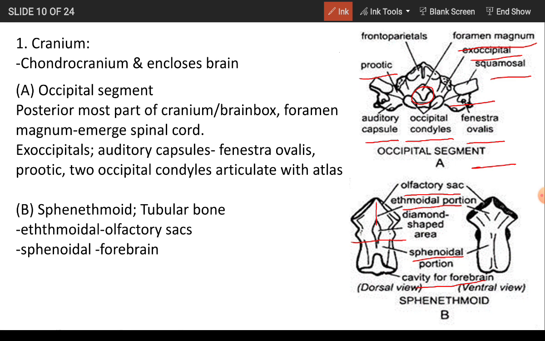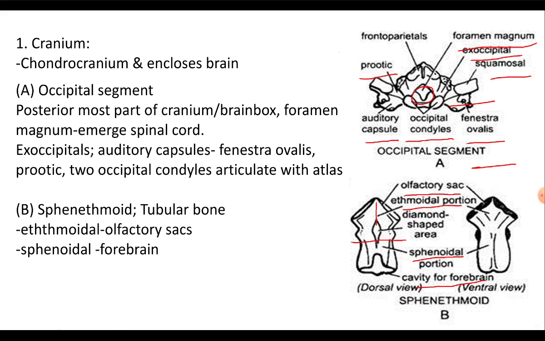The ethmoid bone is anteriorly, that means dorsally, overlapped by the nasal bones and the frontoparietal bones, and ventrally by the parasphenoid bones.